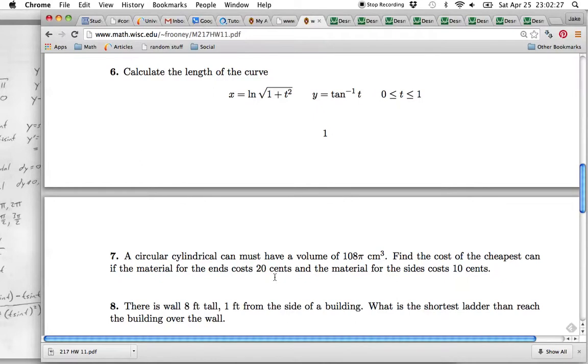Let's assume that, for our purposes, this problem means to say the ends cost 20 cents per square centimeter. So it's per unit of material. So we'll call it 20 cents per square centimeter, and the same thing here, 10 cents per square centimeter. Then we're looking for the cheapest can cost.